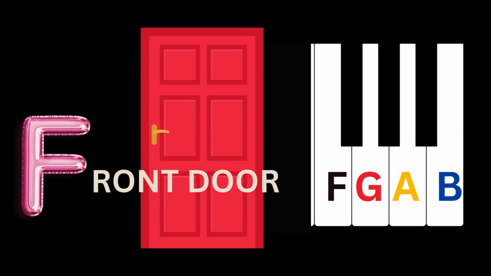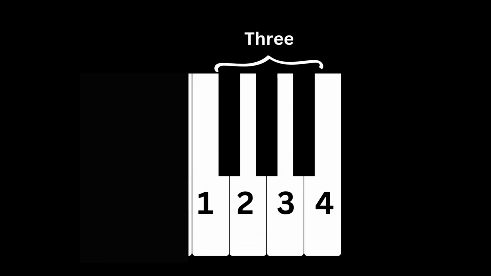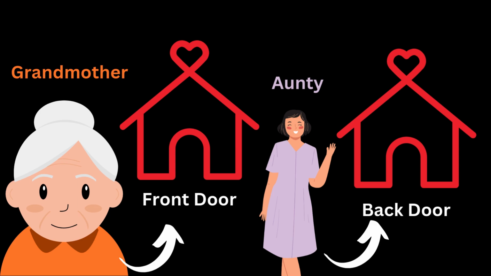F, the last one, front door. F for front door. So here we have the 3 black notes and the 4 white keys around it. Now I'm going to go ahead and label this. I start on the outside top. So we can think about the people house with grandmother and auntie inside, and maybe we can think about these other keys as the doors that lead into the house.